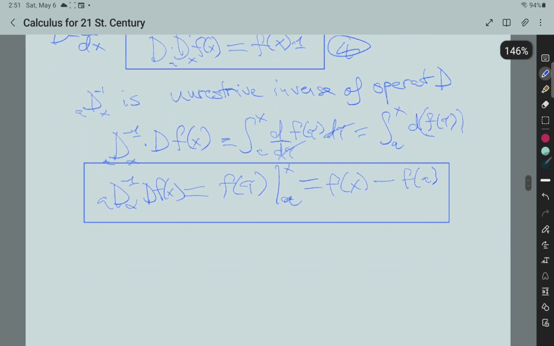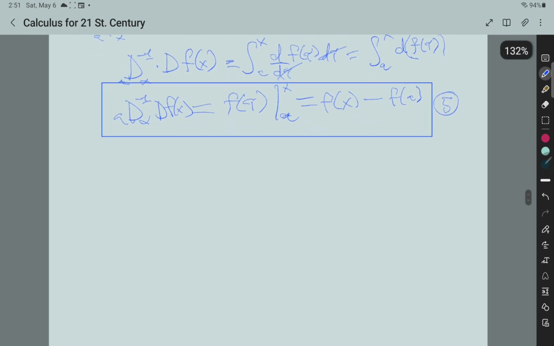Okay, equation 5. Sometimes they call this the transient term, or the initial data. The boundary conditions will dictate what type of value you have for this f of a, the extra term. Okay, so let's do some examples here.